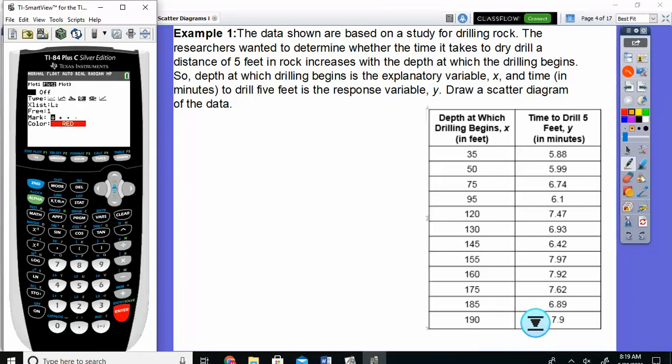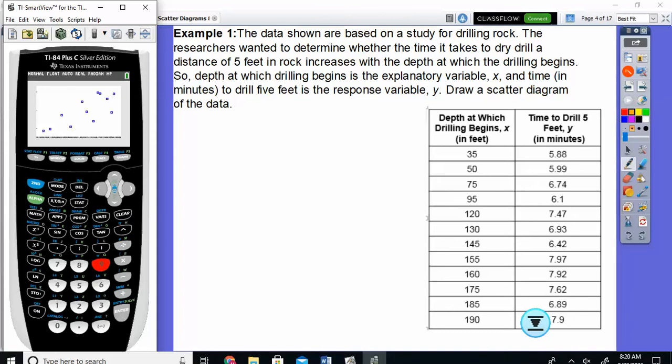I have my plot 2 on, so I need to turn that one off. Then I'm going to go into plot 1. I want it on, and the scatter diagram is just the first option there, which just has the dots. Then if you go to zoom, number 9 is zoom stat, so it zooms to wherever your points are. And so it gives us our scatter diagram.